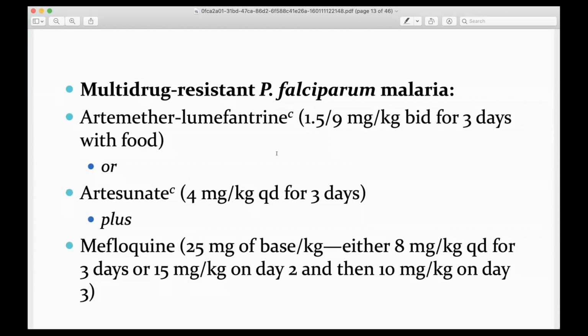Usually we give twice daily. And mefloquine, this is not a very new drug. It is orally available, 25 milligram per kg, either 8 milligram per kg QD for 3 days, or 15 milligram per kg on day 2, and then 10 milligram per kg on day 3.